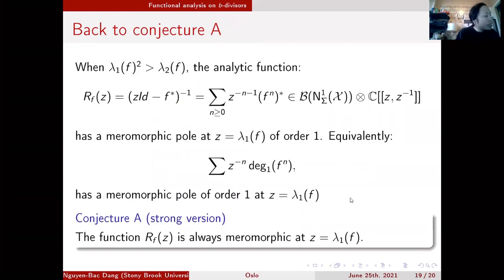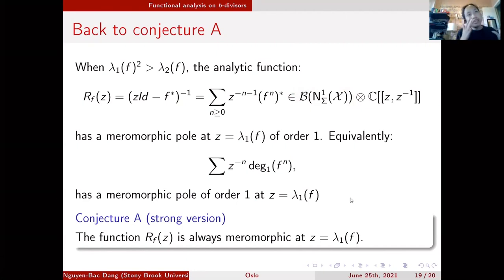So in the case where lambda1 squared is strictly bigger than lambda2, what we showed is that the resolvent, so the inverse of z identity minus f star acting on n1 sigma, gives you an analytic function with values in the space of bounded operators on this Banach space.